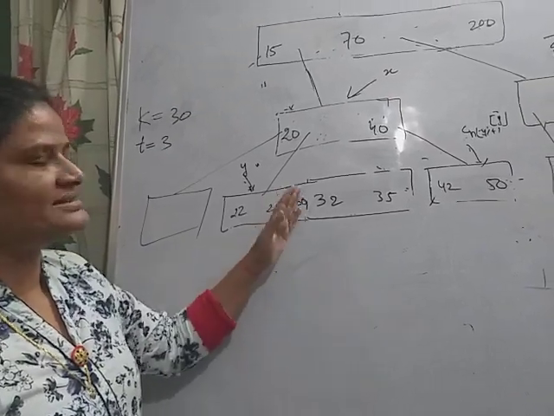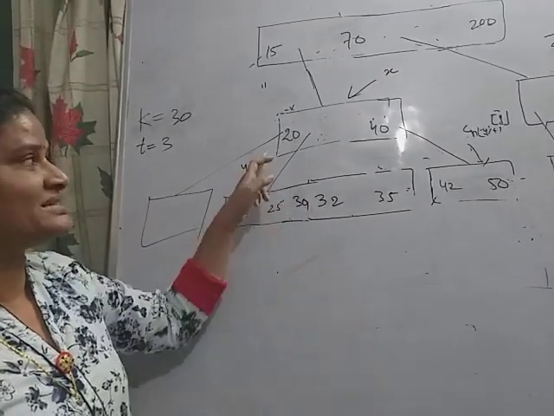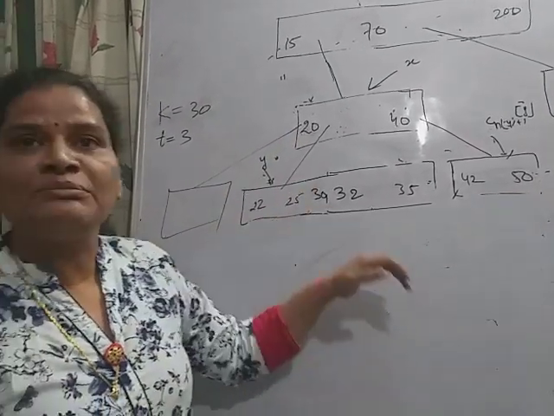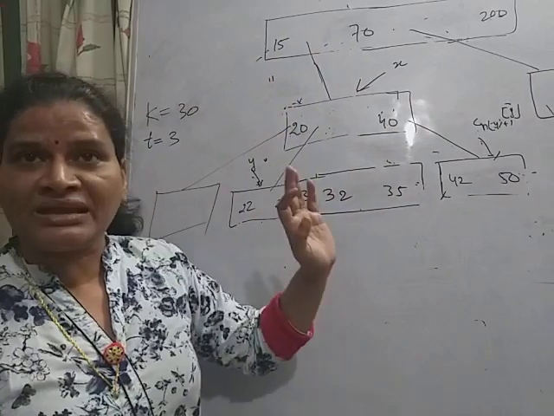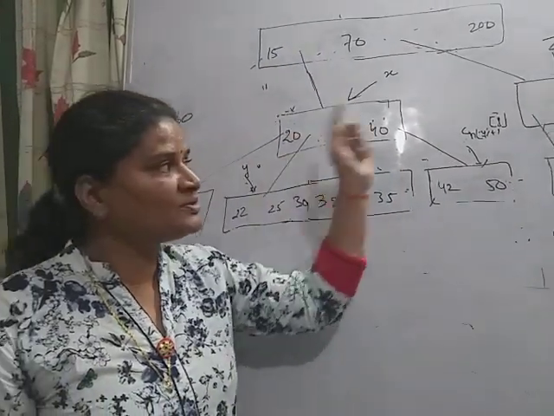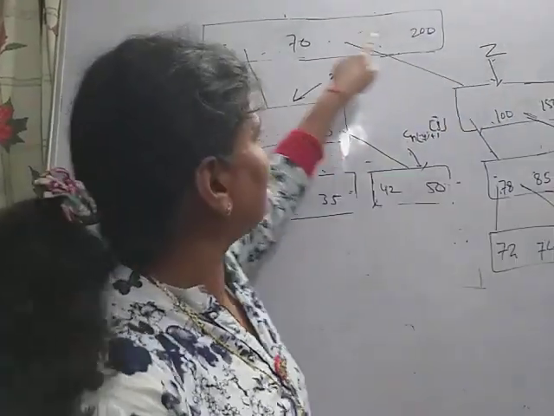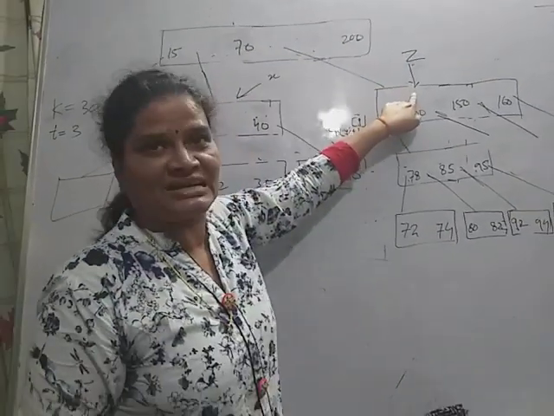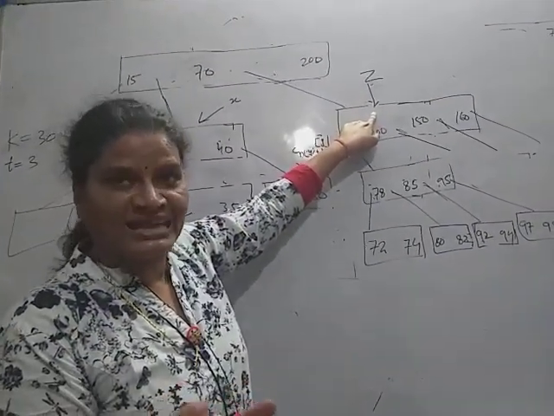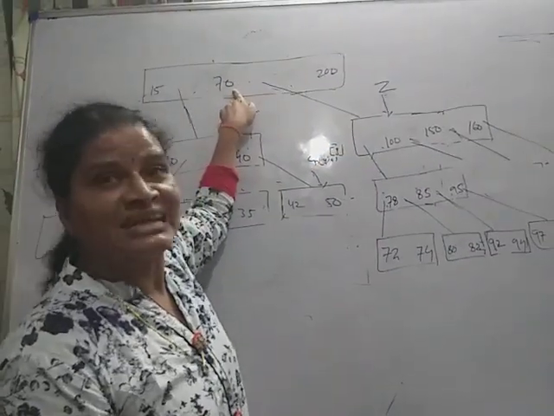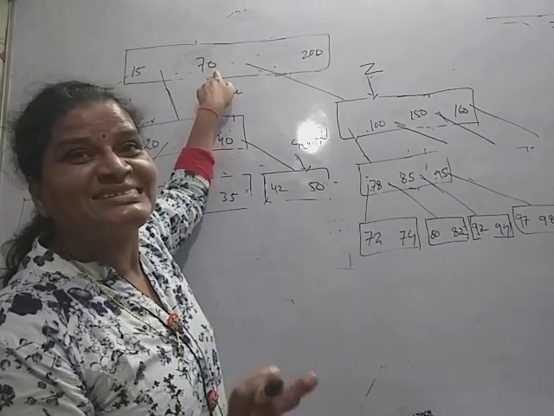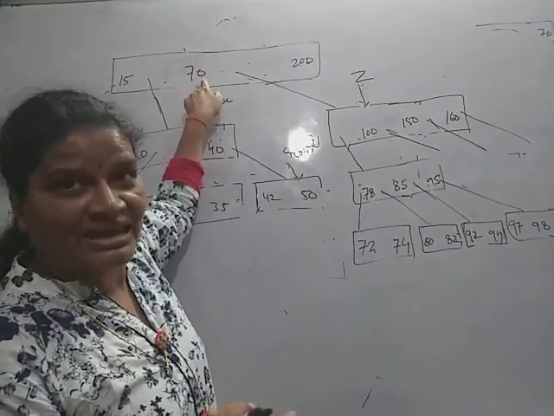If we consider the child that precedes, then we find the immediate predecessor of K dash. If you consider the right child, for example suppose you are deleting 70 and I am considering Z, the child that follows K, then we find the immediate successor of K dash.